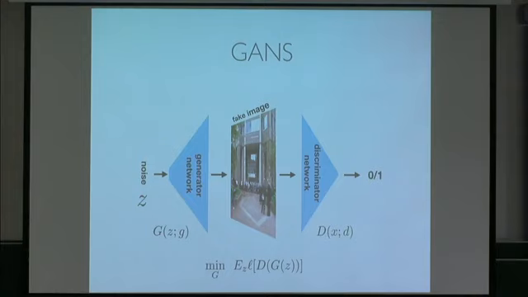It's the expectation over z, so the random inputs, of a loss function that acts on the discriminator network, which takes as an input the generator. So you take some value z, the generator produces an image, the discriminator tells you whether it's real or not, and the training process consists of adjusting the weights in this generator network to minimize this loss so that the discriminator thinks that the output of the generator is real.